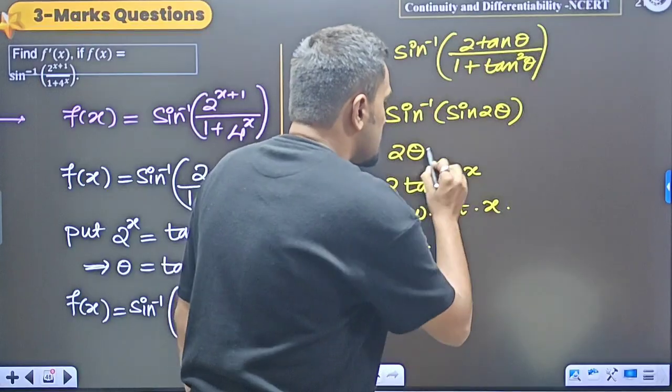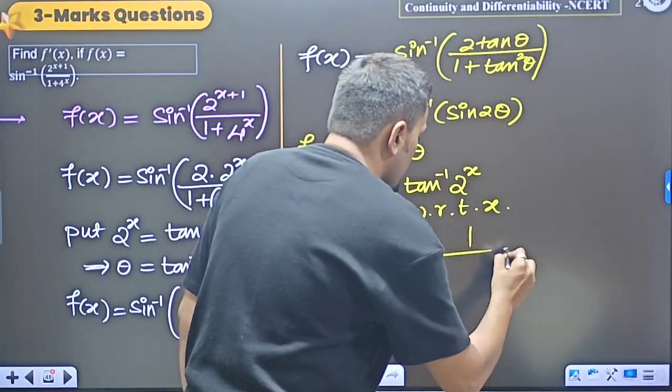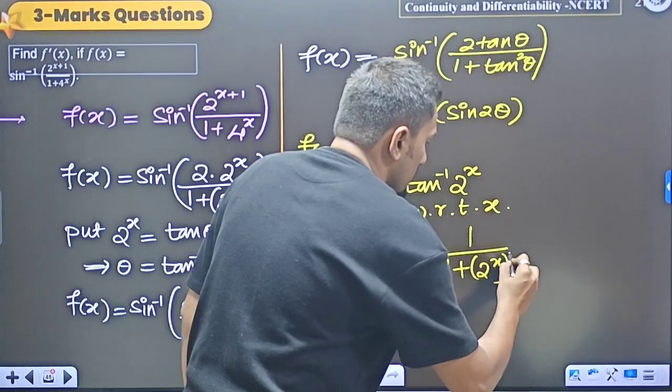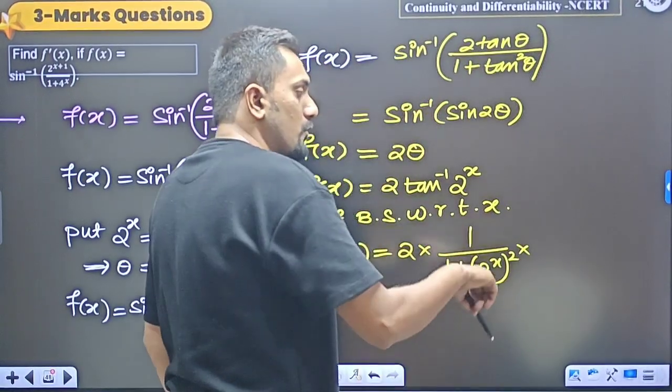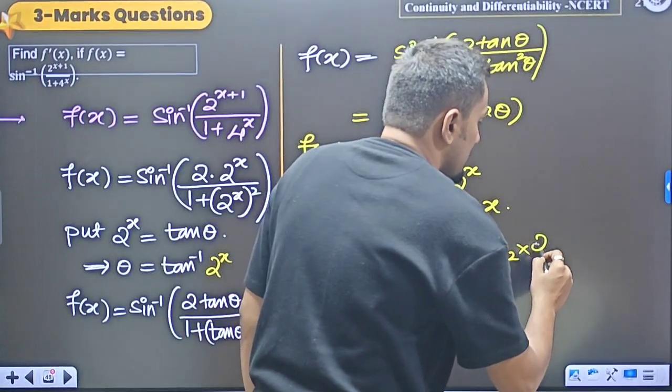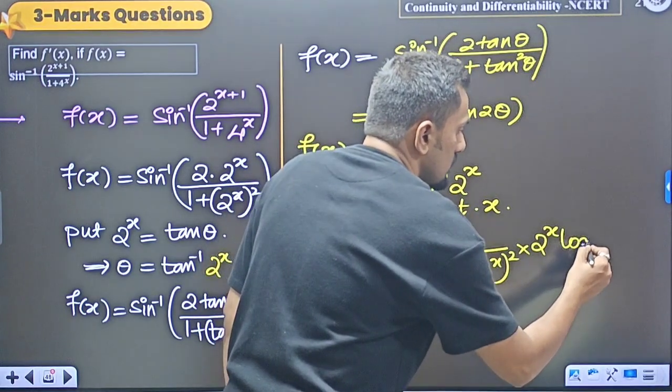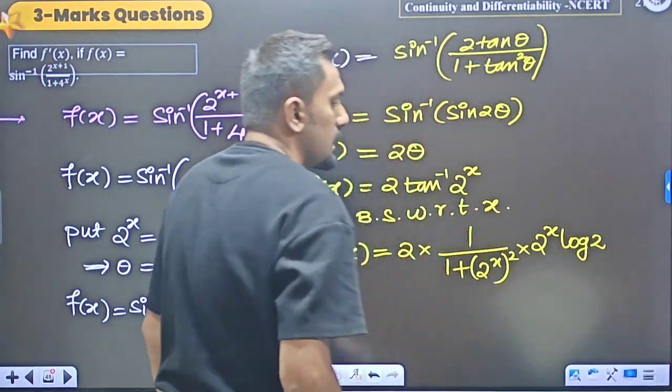What is the derivative of this? 1 divided by 1 plus 2 raised to x whole square into derivative of 2 raised to x. What is the derivative of 2 raised to the power x? 2 raised to the power x into log 2 is the answer.